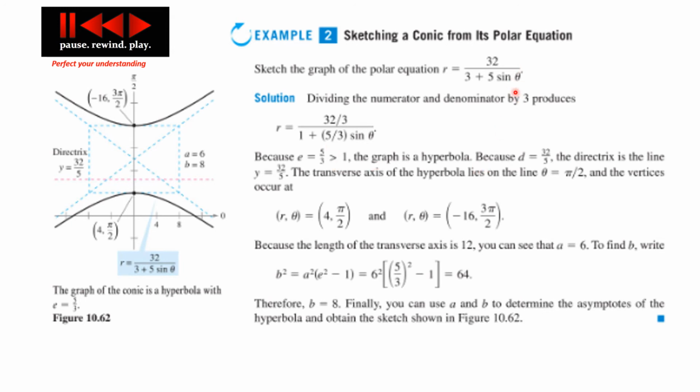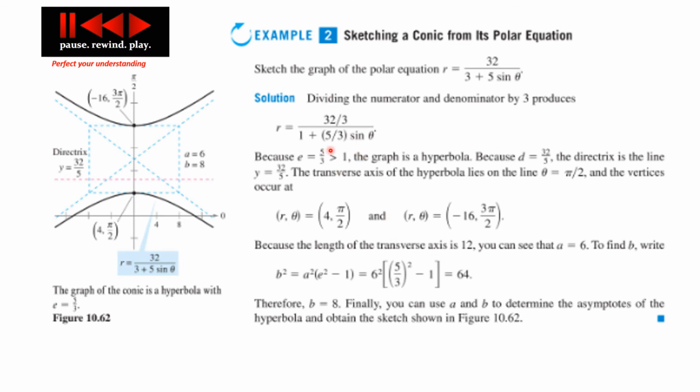And we know from prior discussions that the focus is at 0, 0. I know it's going to be oriented this way, and this is the directrix that I have.